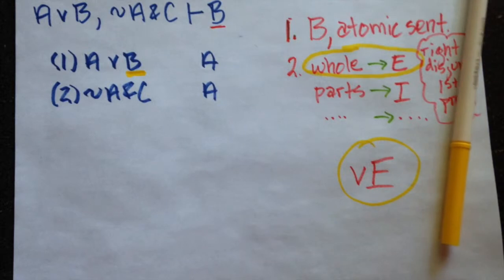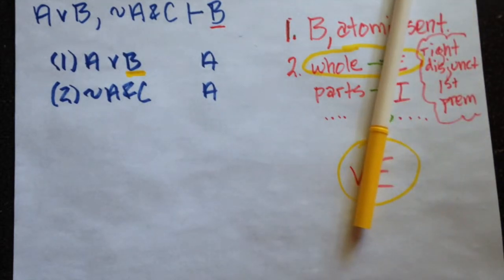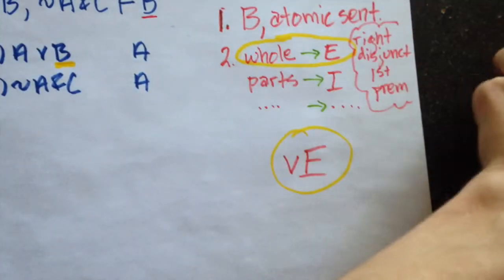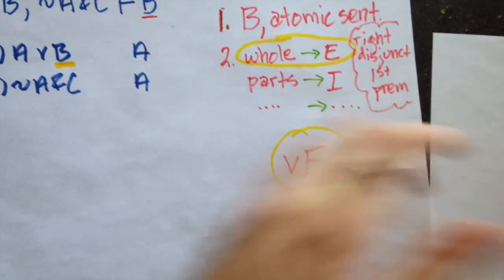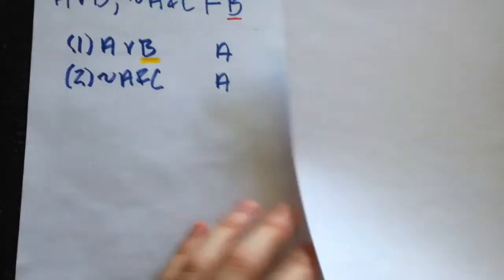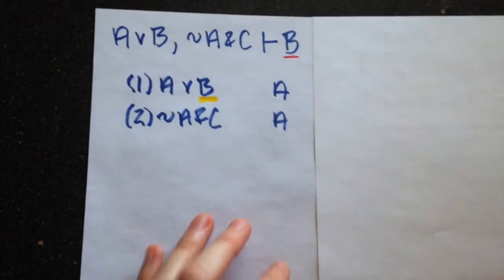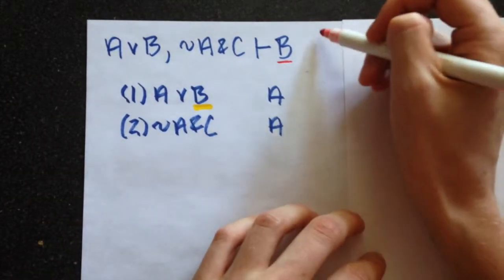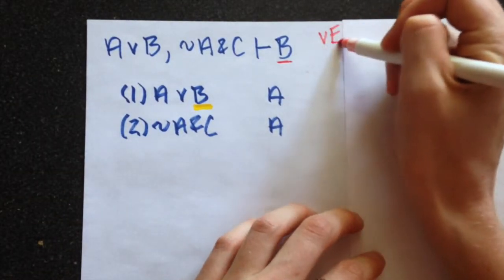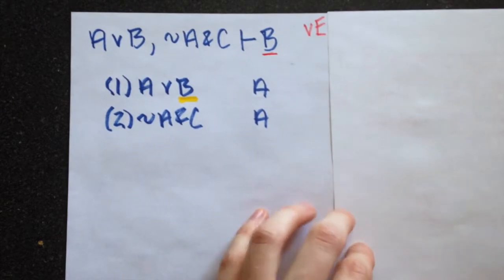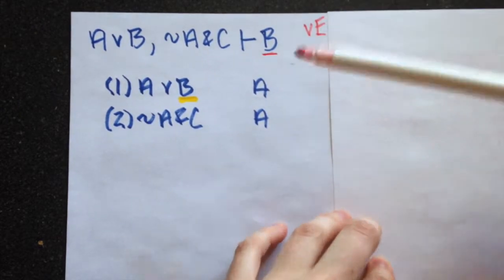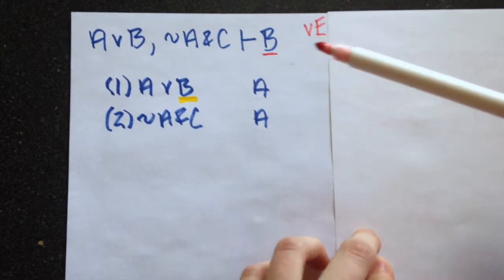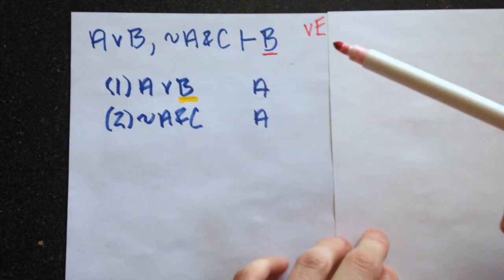Now, as I did before, I'm going to make a little roadmap of how you're going to approach this proof, keeping in mind that the overall strategy is wedge elimination. What you've essentially just done is identified the very last step that you're going to take in this proof.